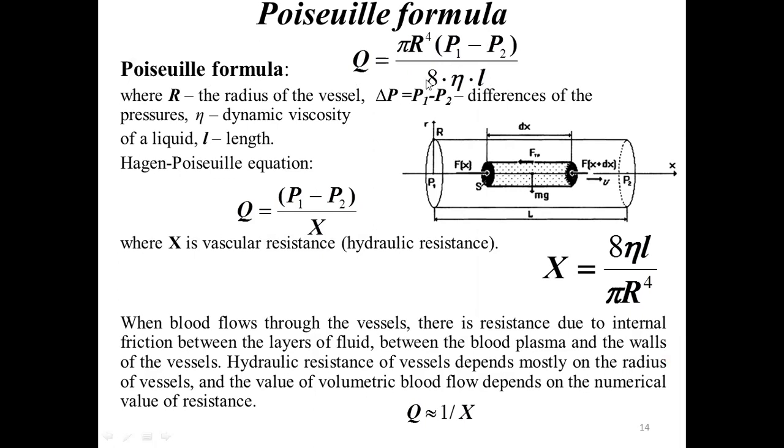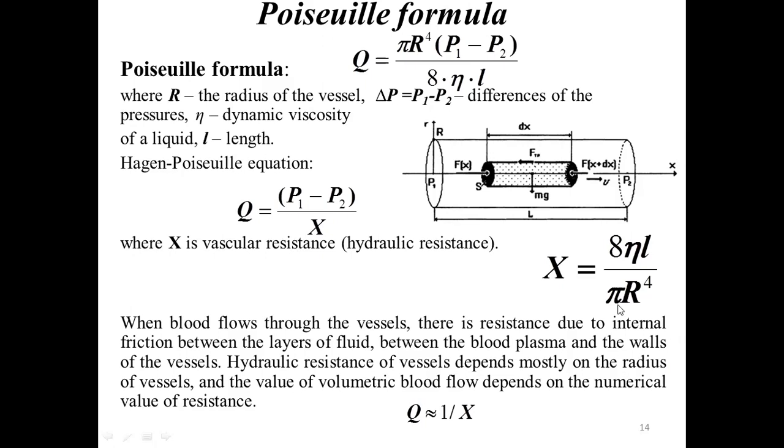If we denote the ratio 8ηL divided by πr to the fourth degree as vascular resistance, then we obtain the Huygens-Poiseuille formula, and so we can get a lot of information starting from this formula. So we can see that volumetric velocity is directly proportional to the pressure gradient and inversely proportional to the vascular resistance.